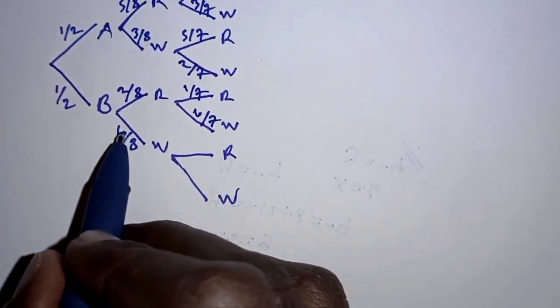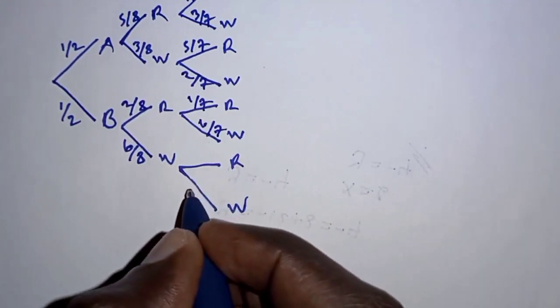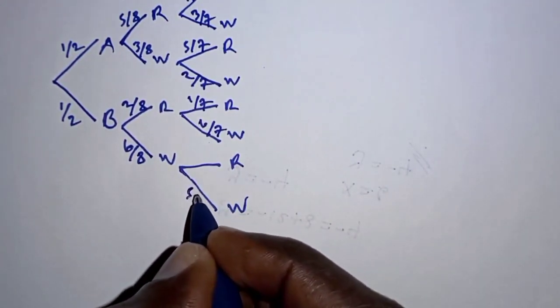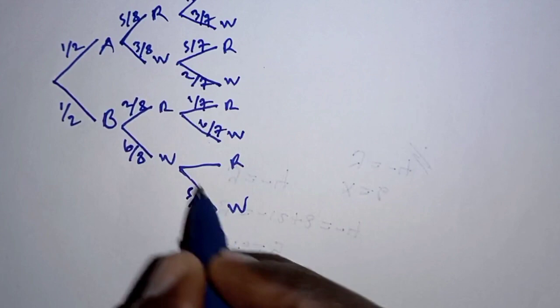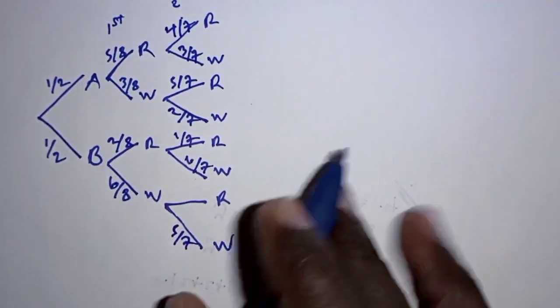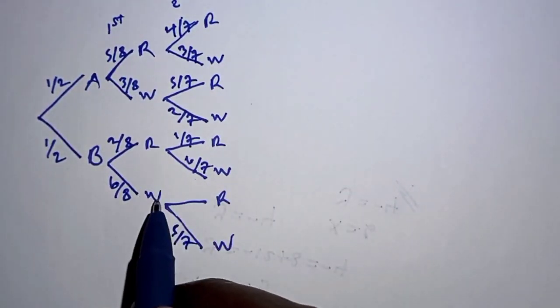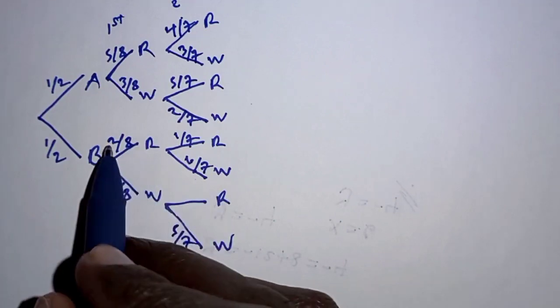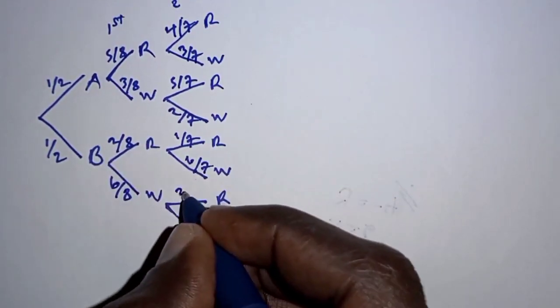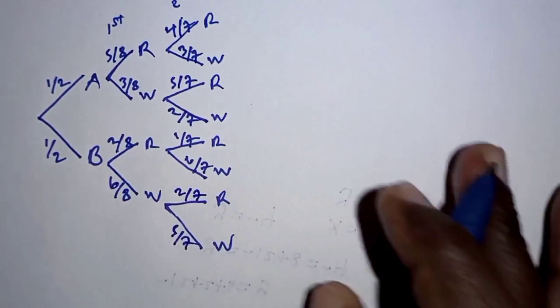And suppose in the first picking we had picked a white, that means the number of whites will reduce by 1, so that we have 5 over 7. So that is for the second picking. And because we had picked a white and not a red, the reds remain the same, so they are still 2. So that is 2 over 7.